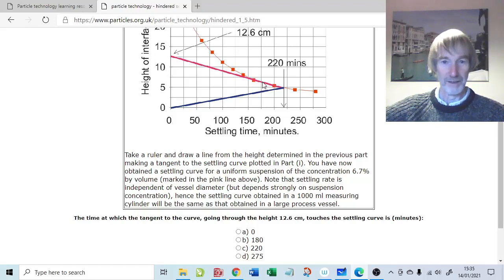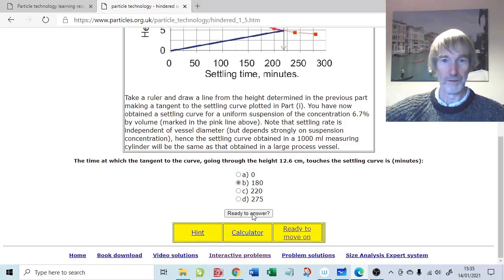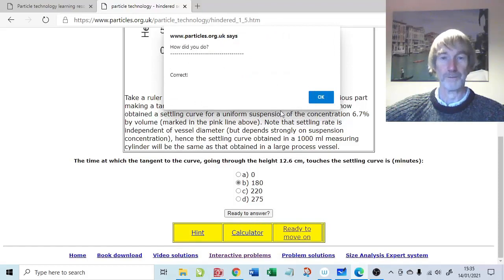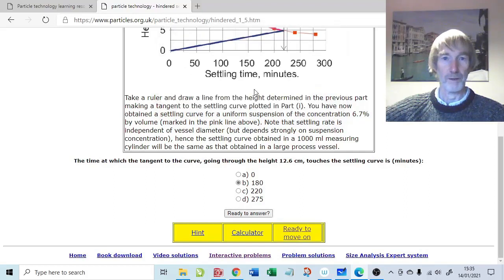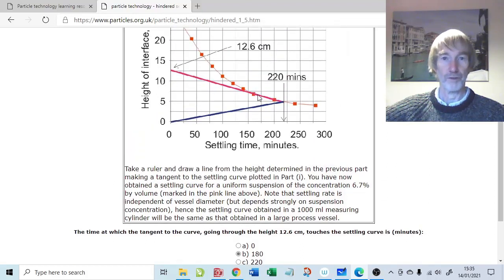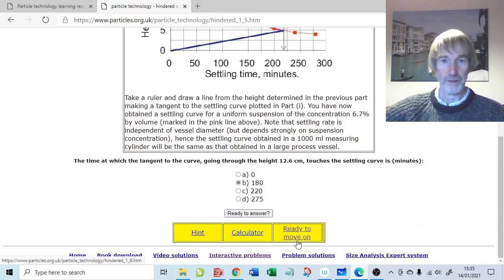It comes together, I think, by the look of it, at 180, but I could be wrong. It might be 220. Let's have a look. It is correct. So at 180 minutes, the two come together: the settling curve from 3% and the projected settling curve from the 6.7%. They come together at 180 minutes. Okay, that's good. Right, and then it continues to settle.